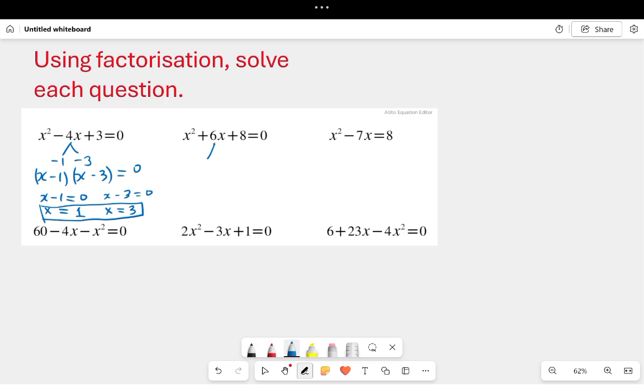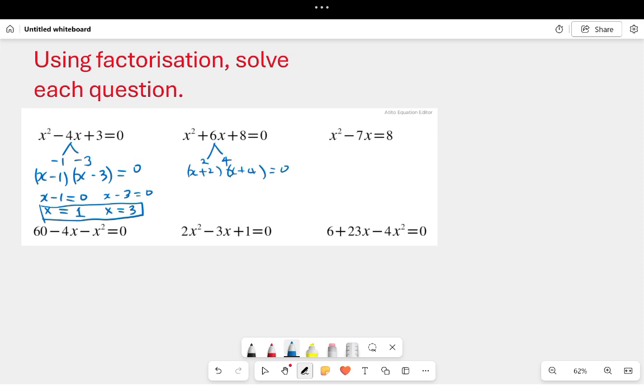The same thing for the next question. So we look for two numbers. When we add, we get +6. When we multiply them, we get +9. The numbers are 2 and 4. And so the factors are going to be x plus 2 and x plus 4, which is equal to 0.